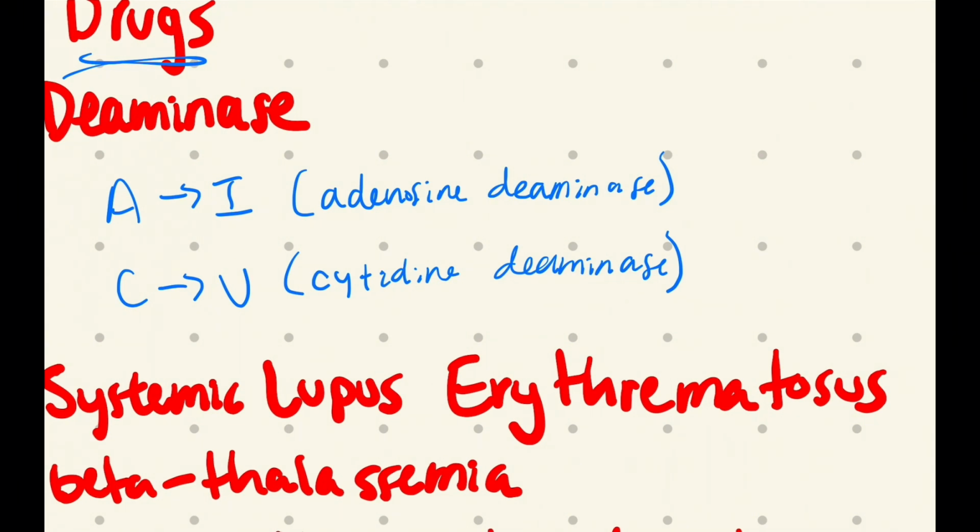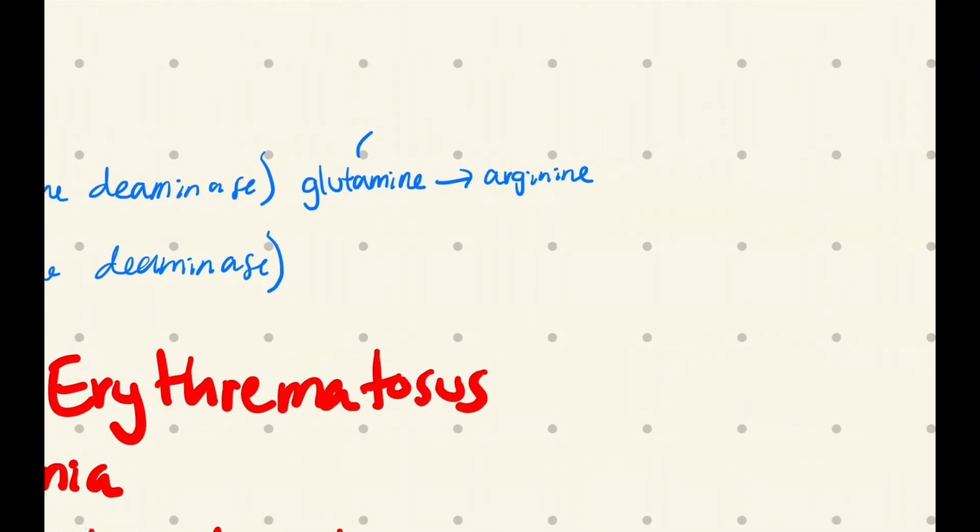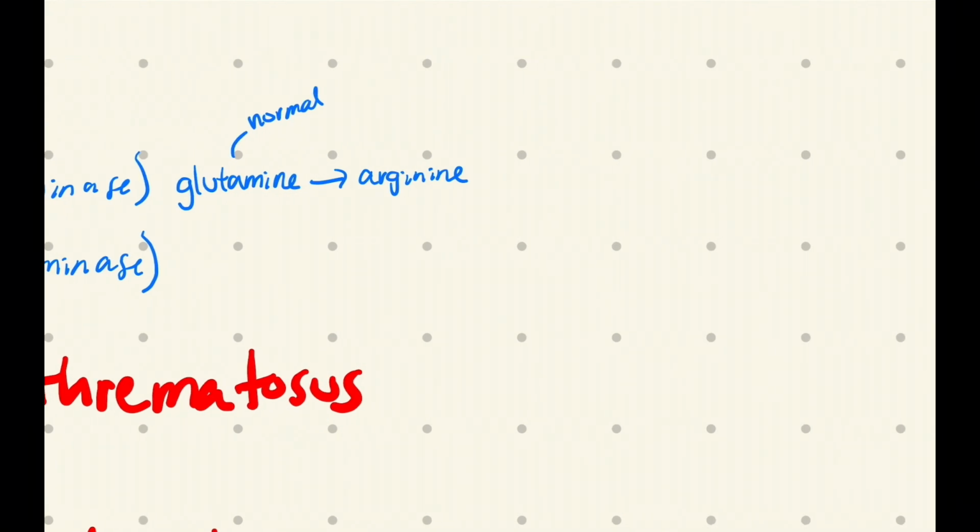Your adenosine deaminase obviously does a different reaction than your cytidine deaminase. Your adenosine deaminase is essentially just going to go from a glutamine to an arginine, okay? This is supposed to be normal, and undergoing this deaminase reaction is going to make it abnormal.